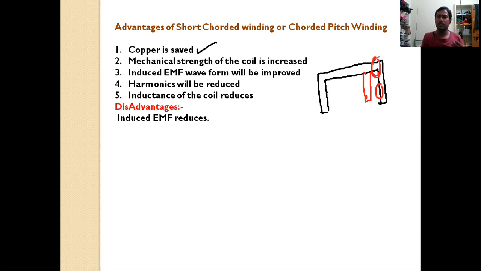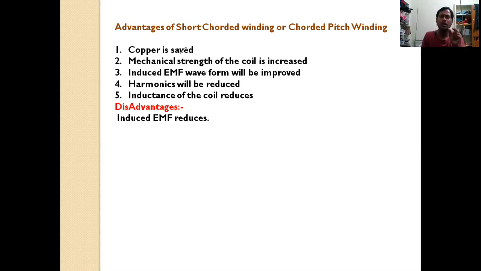Generally this looks like a small length, but the generator size is huge. Generators in stations like Srisailam and Nagarjuna Sagar are very large, so if you reduce a small distance, more copper will be saved. That's why the copper saving increases. And the mechanical strength of the coil will also increase.